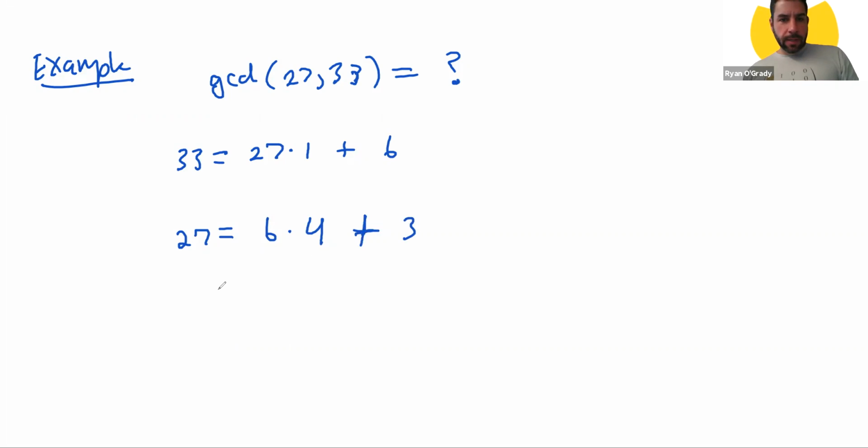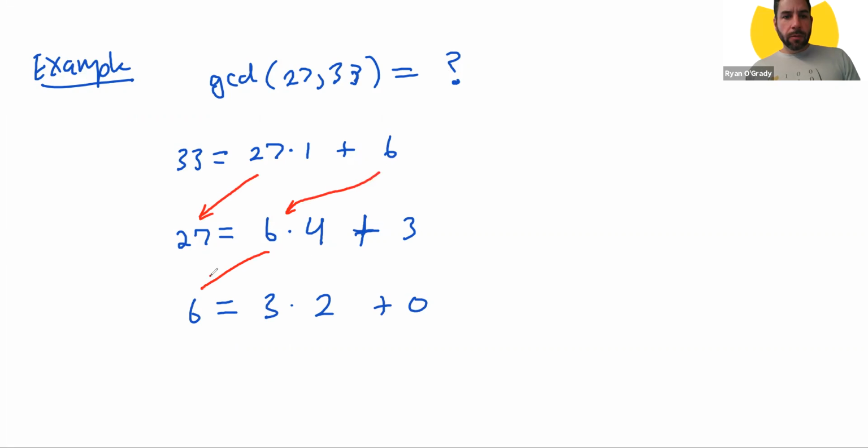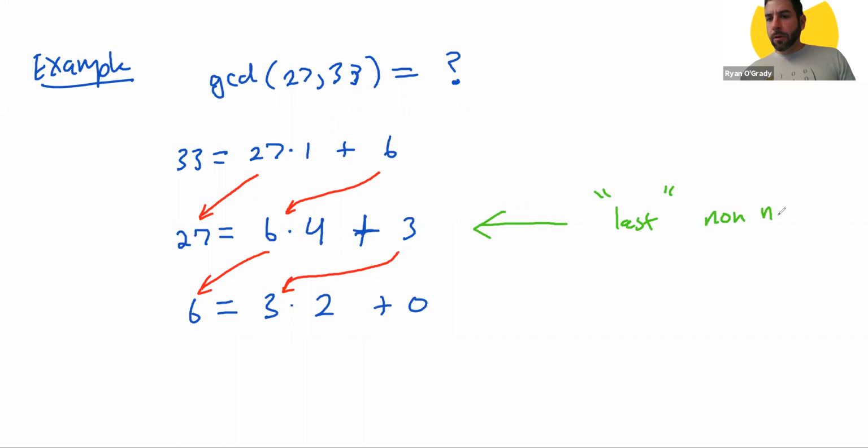And then we repeat the game again. This is 6, and that's 3 times 2 plus 0. And so let me also annotate where these numbers are coming from. This number moves here, this number here, this number here, this number here. And so this guy is the last non-zero remainder.